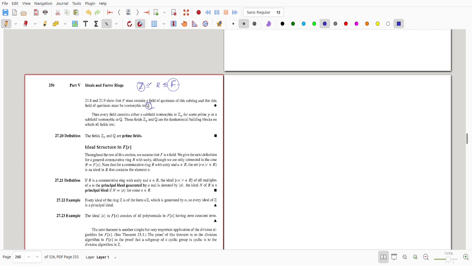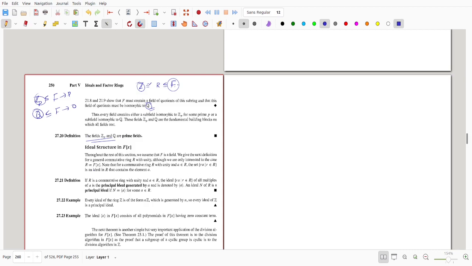So we can say that Q is a prime field. There are two interesting prime fields. One is Zp, which is always contained in a field with characteristic p, and Q is contained in a field with characteristic 0. Therefore these two fields are called prime fields. Actually, that's why we define prime fields.